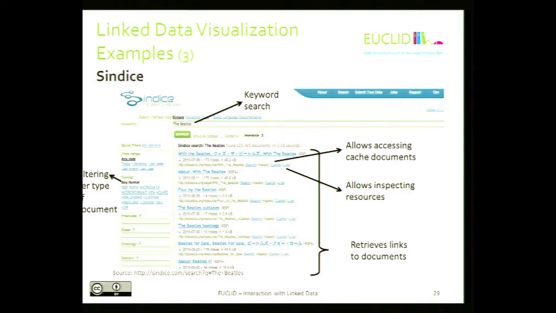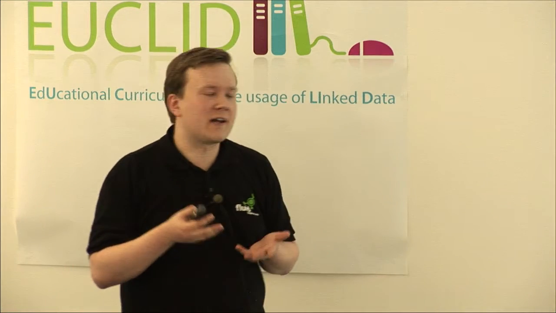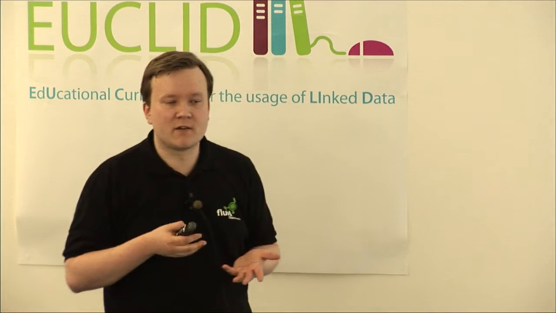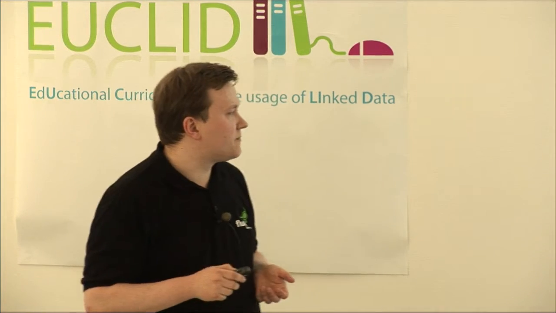In difference to Sigma, you have the ability to narrow down the result set a little bit. You may, for example, specify that you only want data available in a specific format, or that you only want results which belong to a certain class in your data set. That gives you basic filtering capabilities.